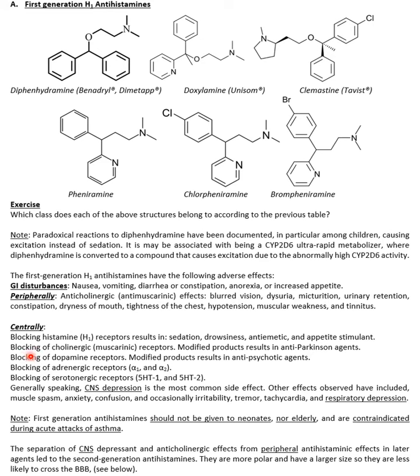Another CNS, or central, adverse effect of the H1 antagonists on the brain is blocking the cholinergic receptor and producing an antimuscarinic effect. This is a central antimuscarinic effect, different from the peripheral antimuscarinic effect.